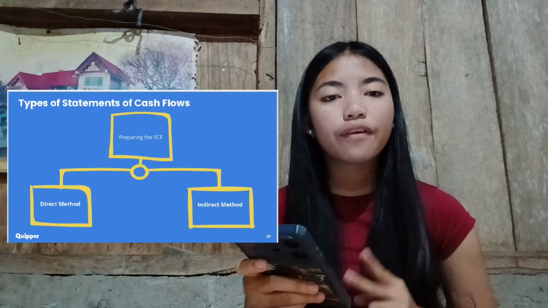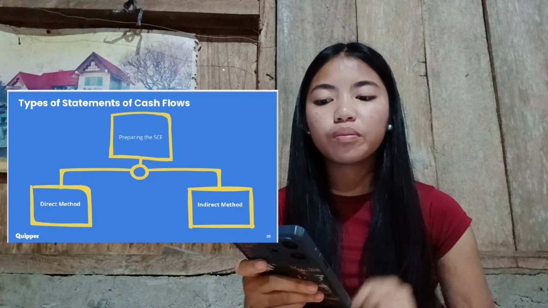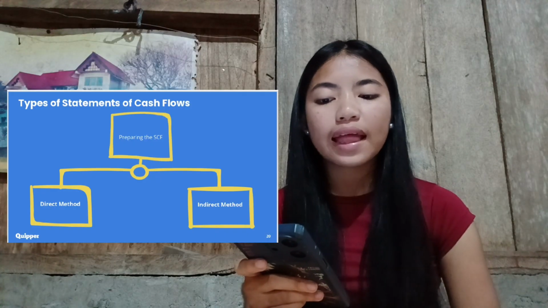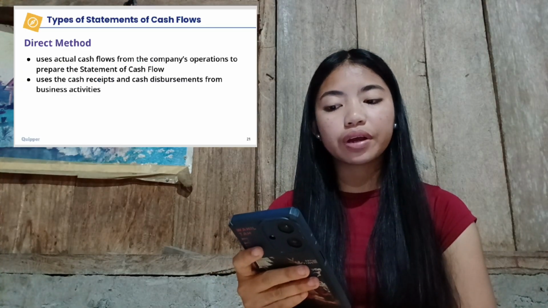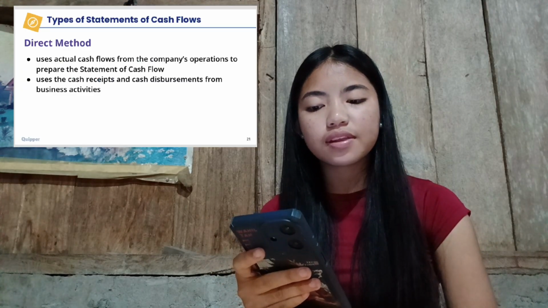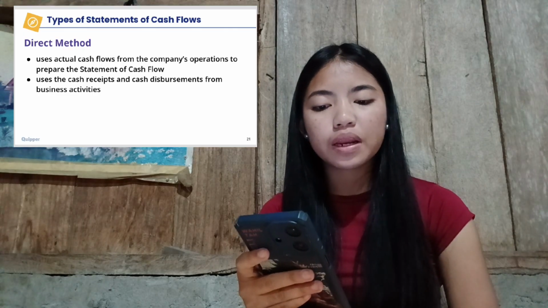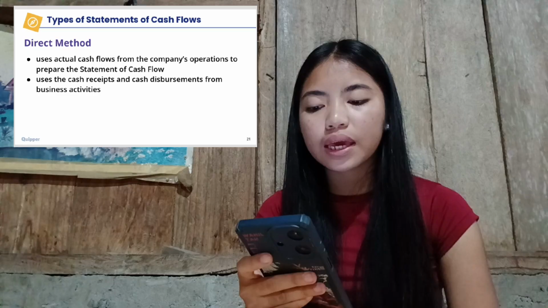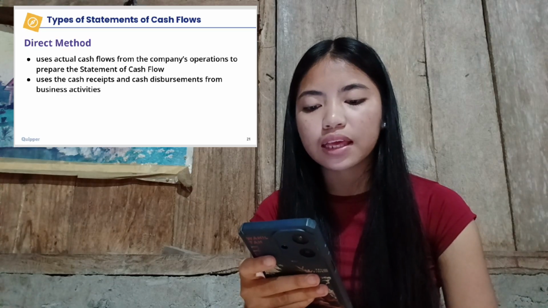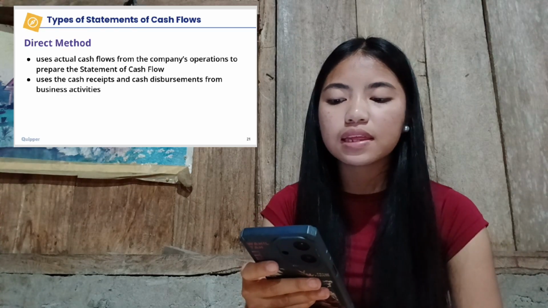So, in preparing the statement of cash flows, we have two methods: the direct method and the indirect method. First we have the direct method. The direct method uses actual cash flows from the company's operations to prepare the statement of cash flows. It uses the cash receipts and cash disbursements from business activities.